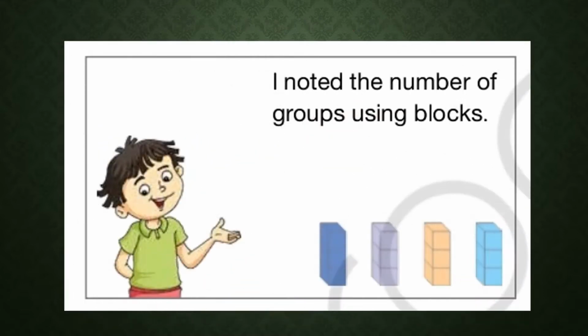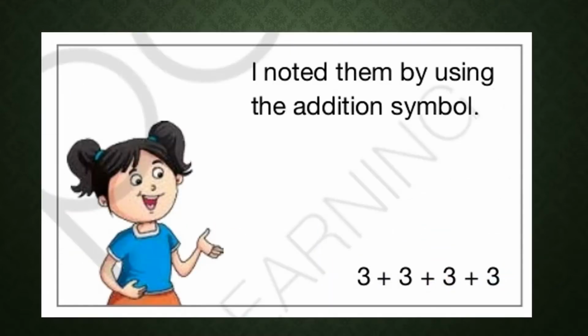Children, how did the boy represent 4 groups of 3 blocks? He used blocks to represent 4 groups of 3 blocks. How did the girl represent 4 groups of 3 blocks? She used addition symbol.